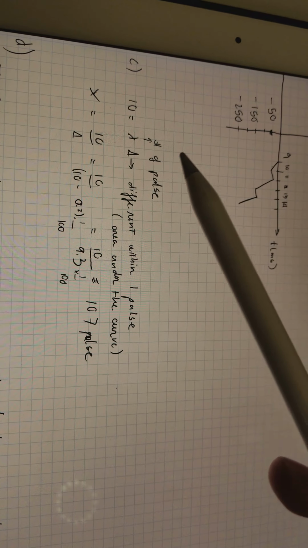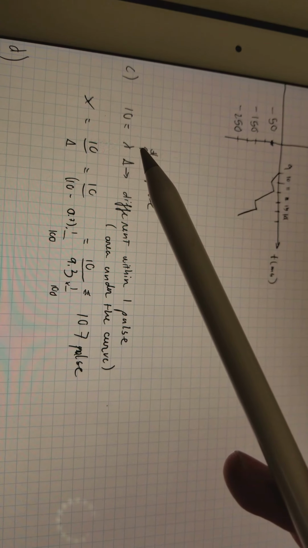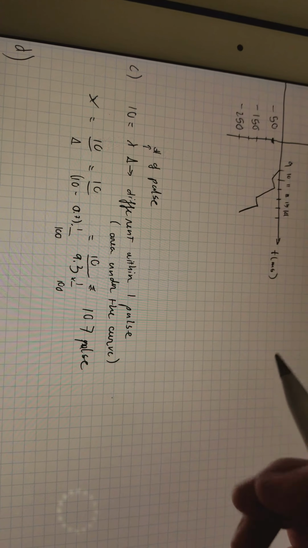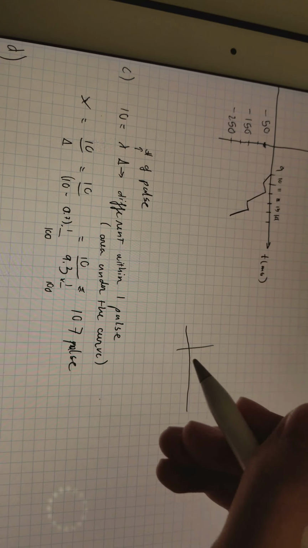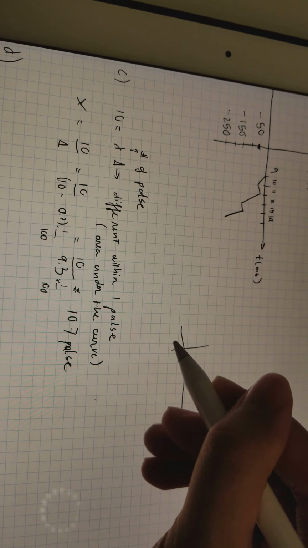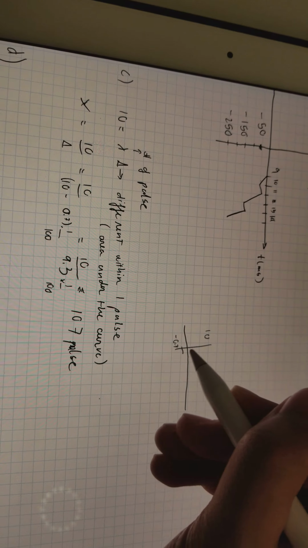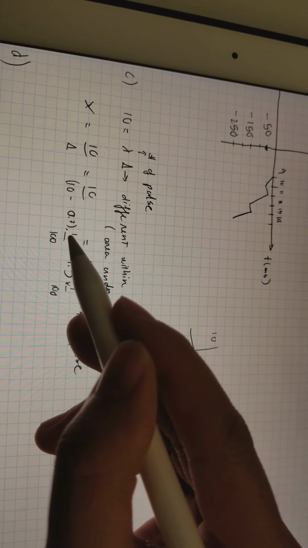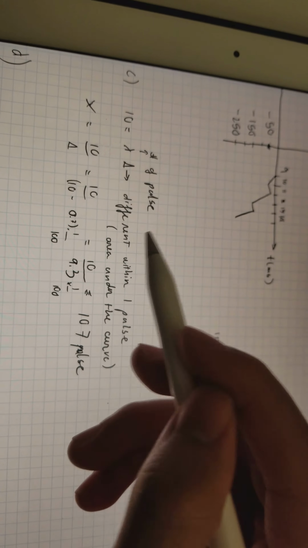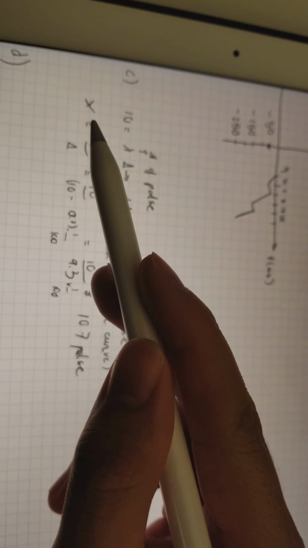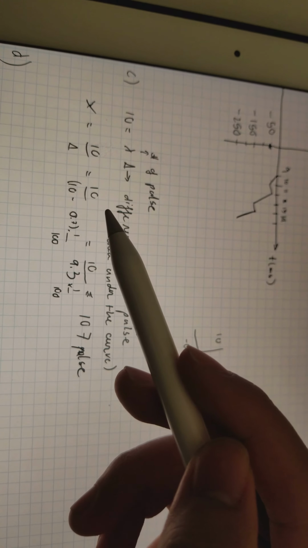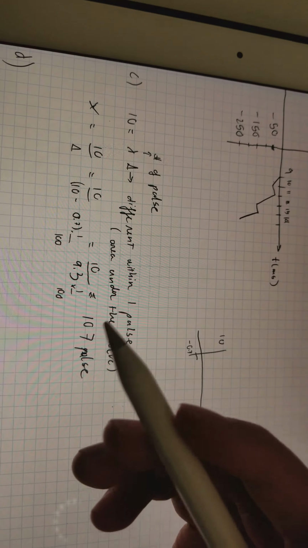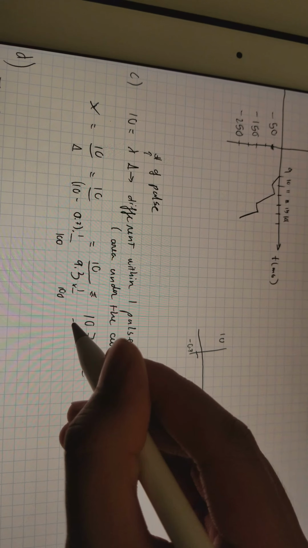I think the problem can be solved this way. 10 volts equals the number of pulses times the difference within one pulse, and we know that within one pulse the circuit goes from minus 0.7 to 10, so the difference is 9.3, and the time constant is 100. Plugging everything into this formula, the number of pulses x equals 10 divided by delta, which is 10 over 10 minus 0.7 divided by 1 over 100, and I got 107 pulses.